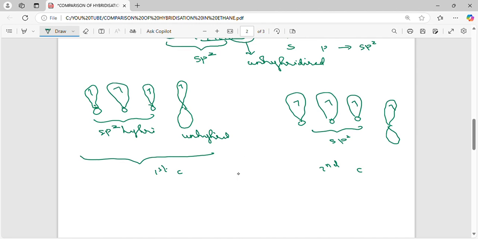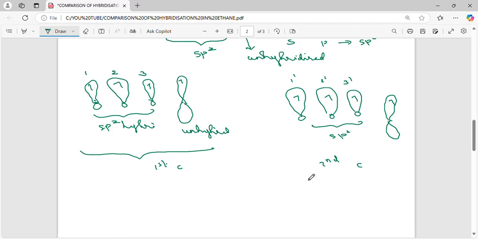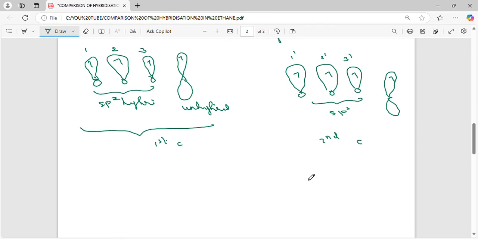So now I'm putting numbers on the hybridized orbitals as 1, 2 and 3. For the second carbon, let it be 1 dash, 2 dash and 3 dash. So this is the preliminary step. Now the main step is that these hybridized orbitals will be overlapping. In which way?